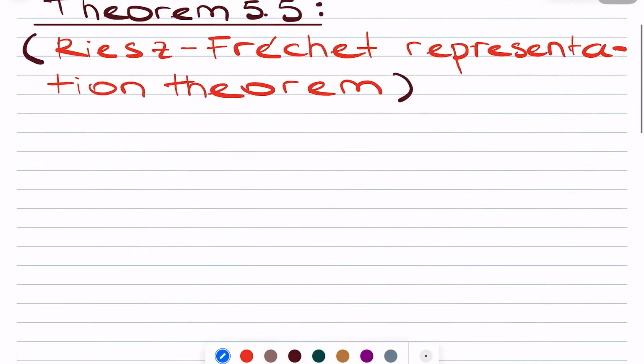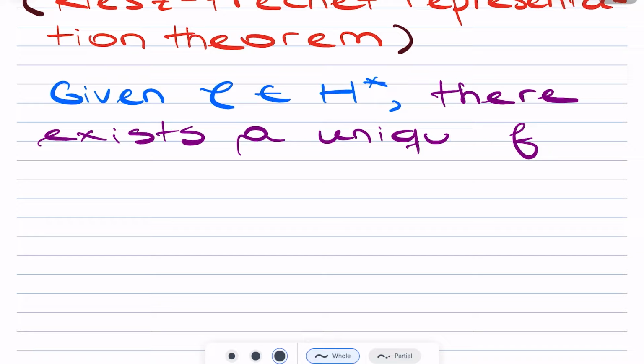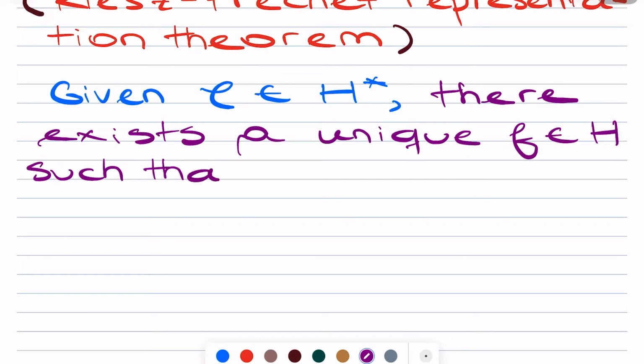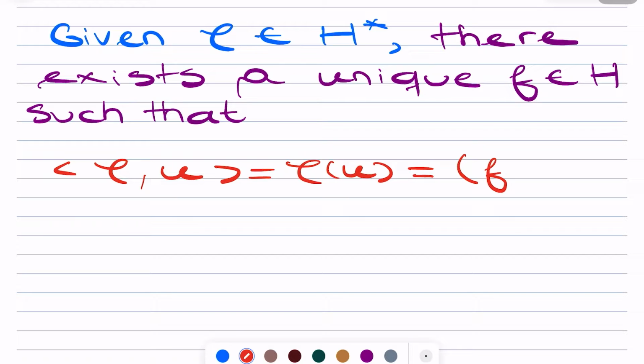So what does it say? Given phi, an element of the linear bounded operators on H, where H is a Hilbert space here, there exists a unique f in H such that the dual pairing phi u, which is just another way of saying phi of u, is equal to the scalar product of f and u.